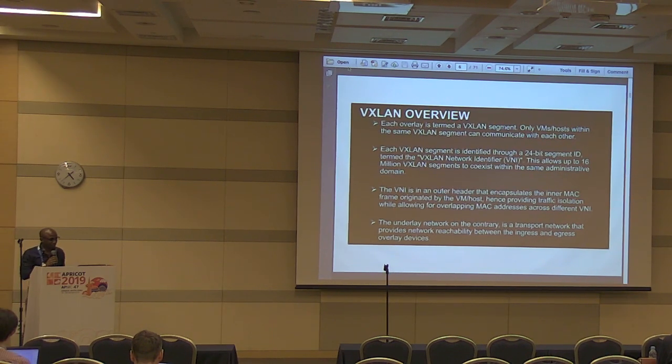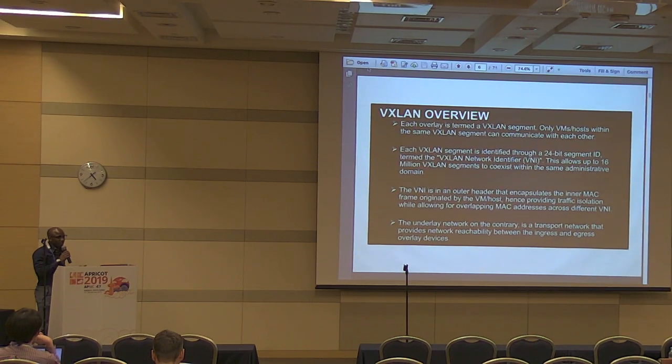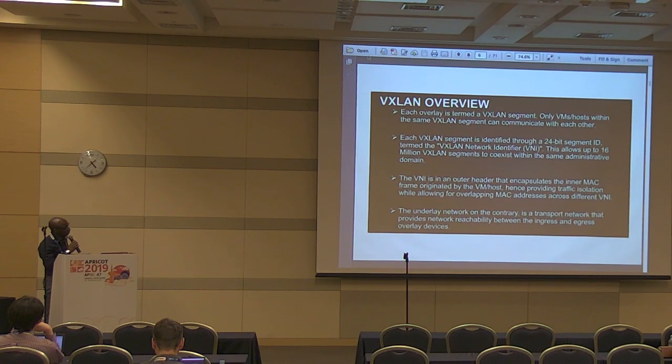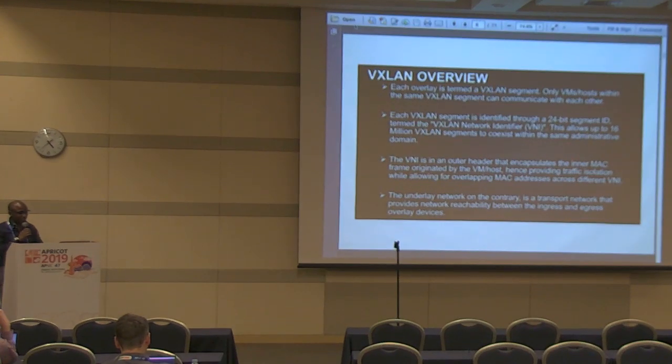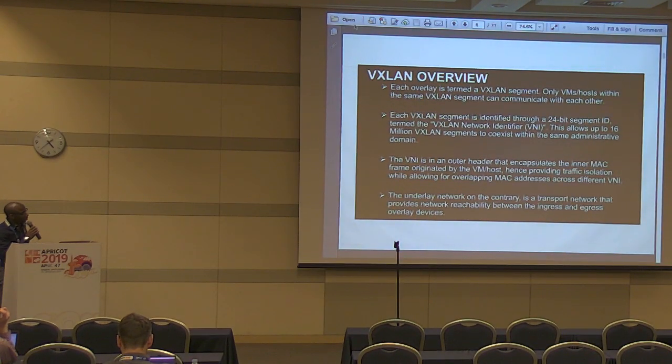The VNI, which is the Vxlan network identifier, is part of the outer packet encapsulation. To make a distinction between the overlay and the underlay network: the underlay is your IP transport, okay?